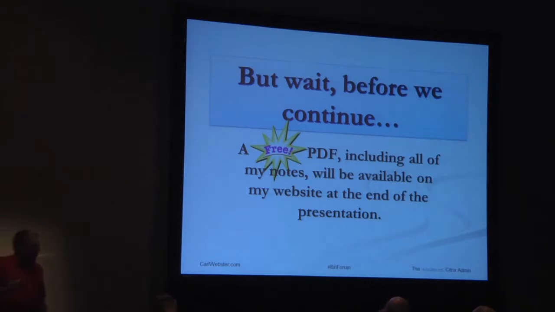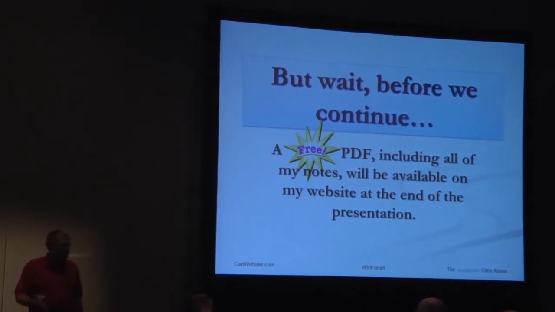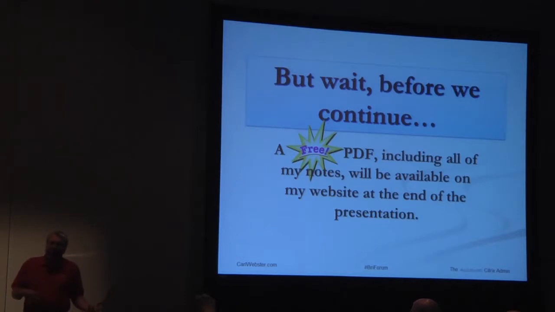Now, before we continue, my tradition is to always have a PDF of the presentation with all my notes, all my research, and all the feedback from directory services MVPs and other directory services experts, because I get all of this stuff reviewed by them to make sure the information I'm giving you is up to date and accurate.